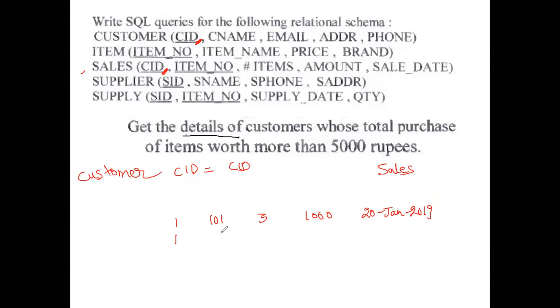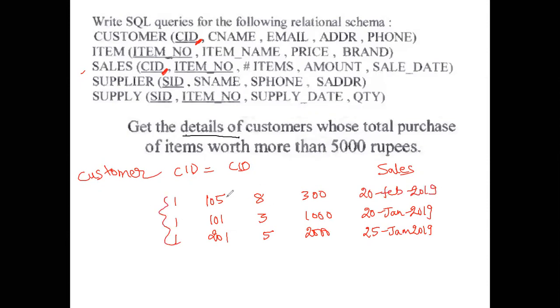The same customer may have bought another item, 2000, on some other date, and the same customer another item, 3000 on 20th Feb. So if you observe here, the same customer 1 has bought different items on different dates.